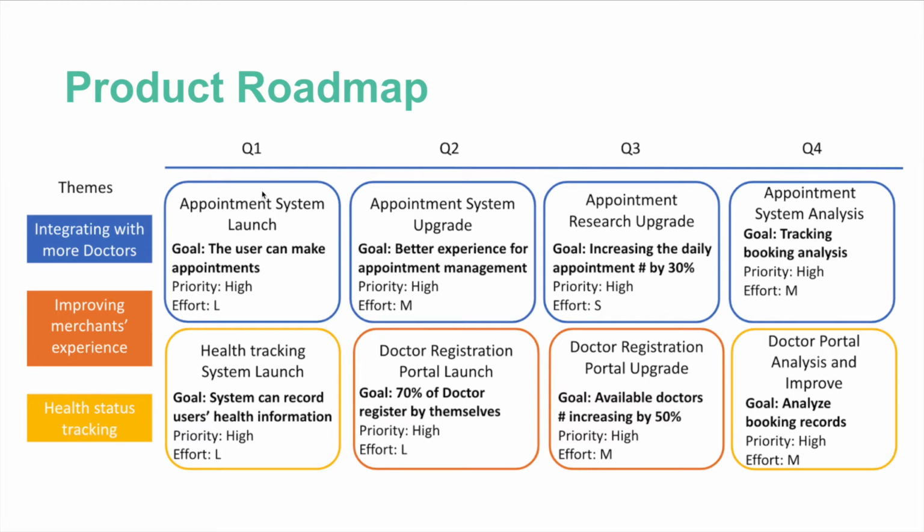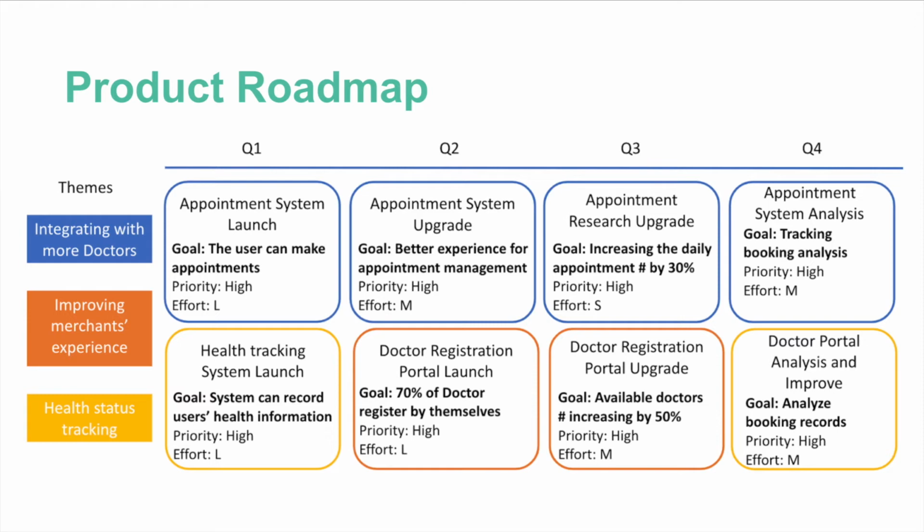So in quarter one, we will launch our two main features. First is the appointment system, and another is the health tracking system. And in quarter two, we improve the user experience on our appointment system, and we also want to launch a doctor registration system. If this system launches, it means that the doctors can register just by themselves.